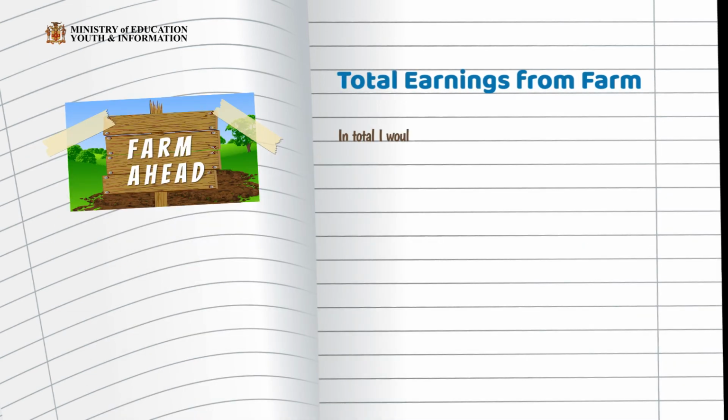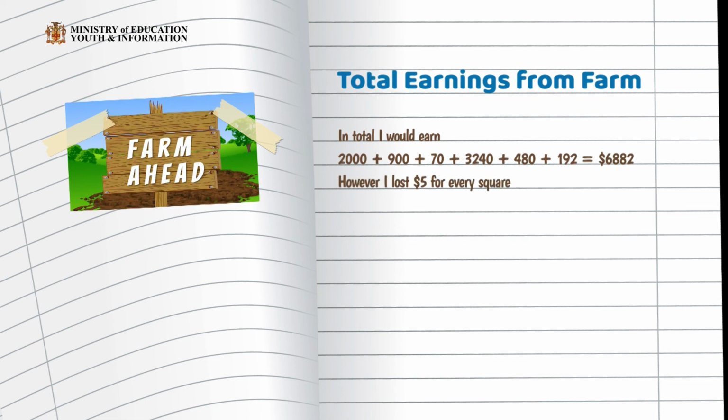In total, I would earn $2,000 plus $900 plus $70 plus $3,240 plus $480 plus $192, which equals $6,882. However, I lost $5 for every square unit of open land.